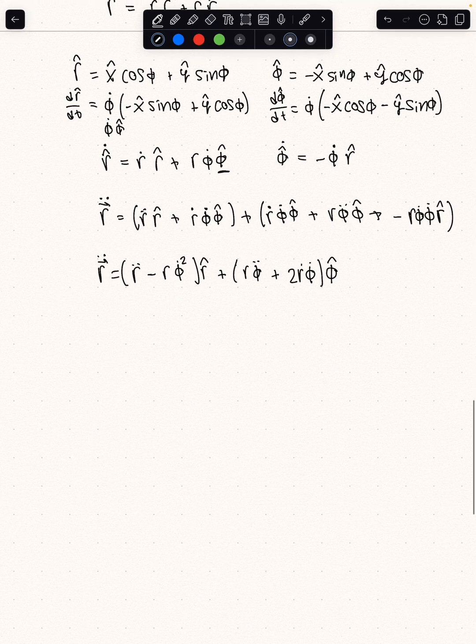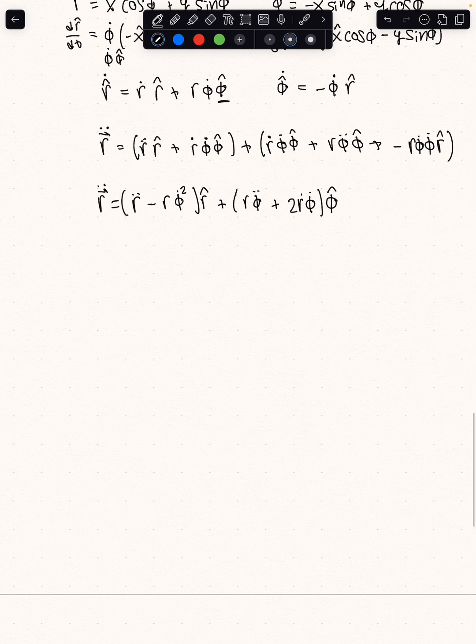Now this is what we will use to plug into Newton's second law, F equals ma. F equals ma, but using our double dot, it's going to be all this stuff plugged in. We can make this look nicer.